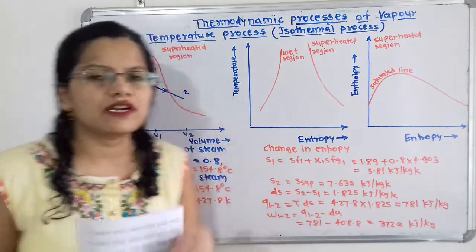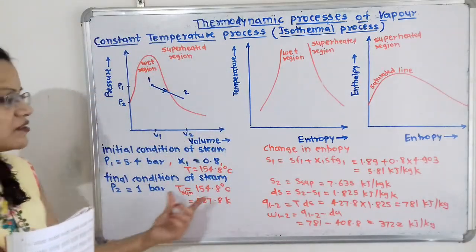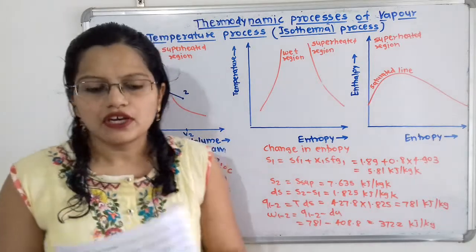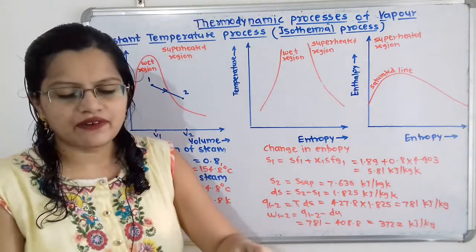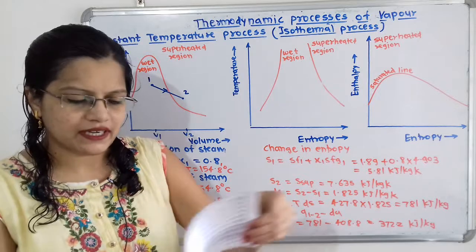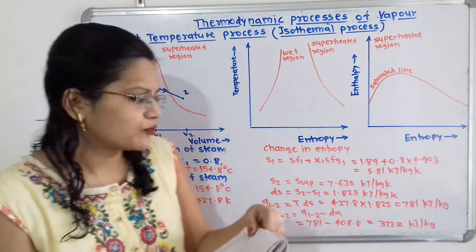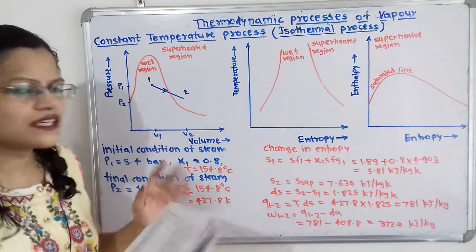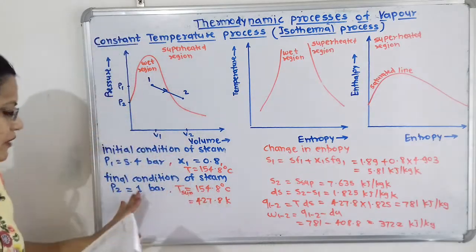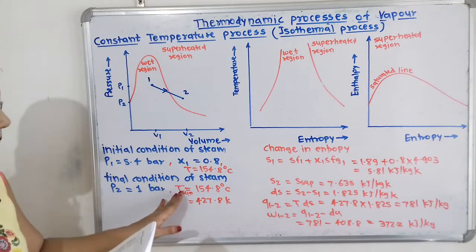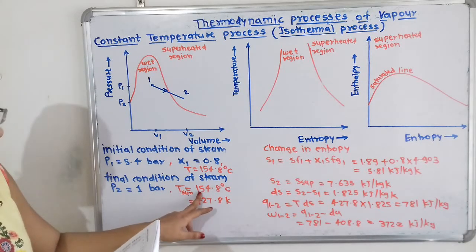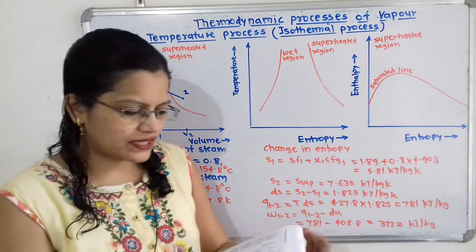Now how to calculate the entropy at point 2, that is for superheated steam. So here we have to refer to the superheated table, that is the specific entropy of superheated steam. What is the condition that we have to take? We have to take pressure 1 bar and temperature T superheated 154.8 degrees Celsius.